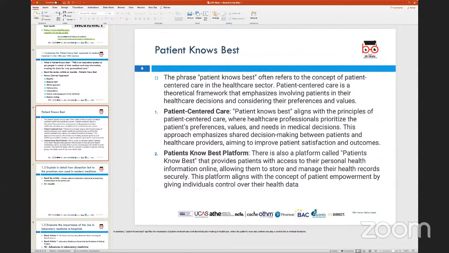Their involvement and providing detailed information to the patient allows them to make independent decisions which are fundamental to their care plan, using the approach called Patient Knows Best.